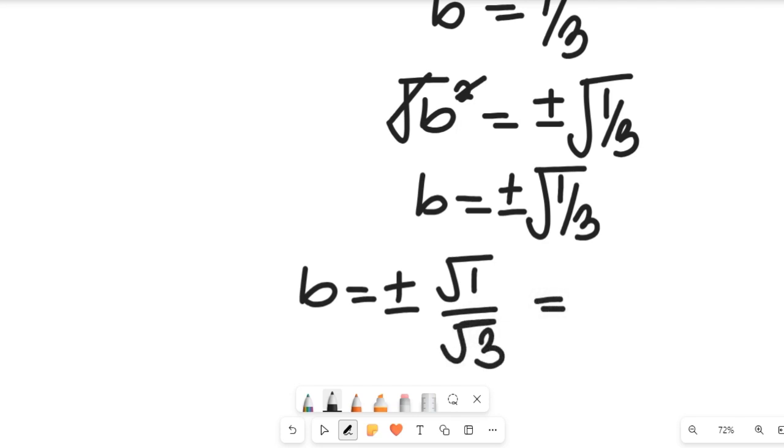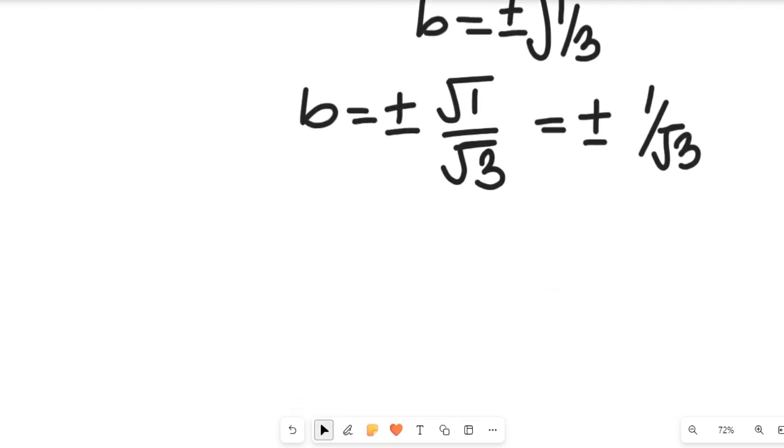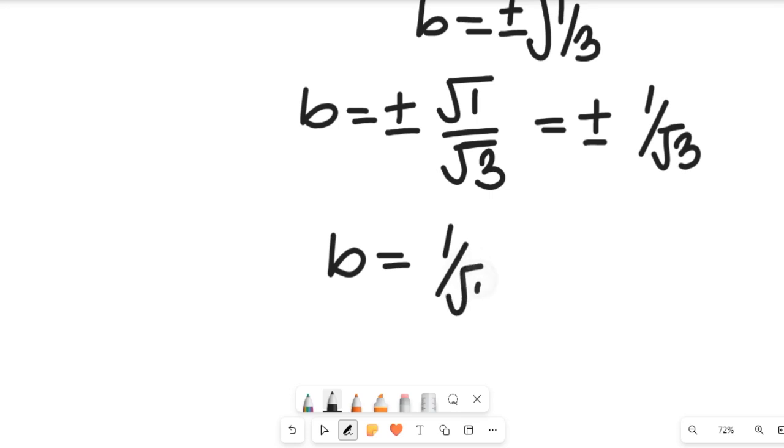And this can be equal to plus or minus 1 divided by the square root of 3, because the square root of 1 is equal to 1. So if we rationalize that value, we're going to have B equal to 1 divided by the square root of 3 multiplied by the square root of 3 divided by the square root of 3.